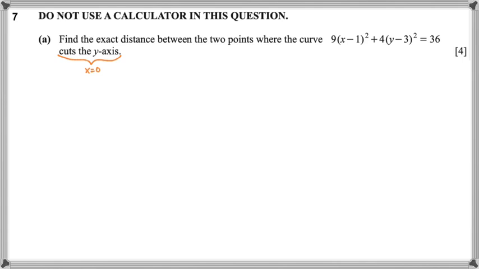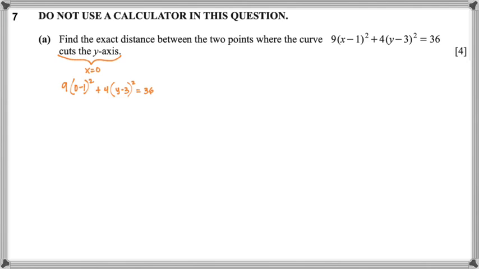So we plug 0 into the given equation and we'll get 9 multiplied by 0 minus 1 squared plus 4 multiplied by y minus 3 squared is equal to 36.